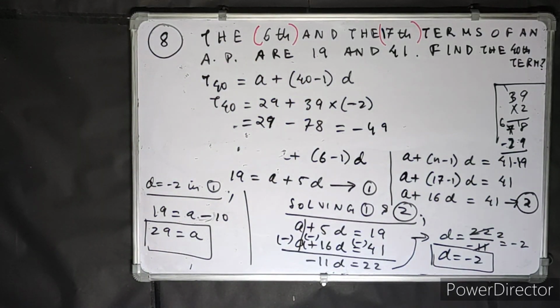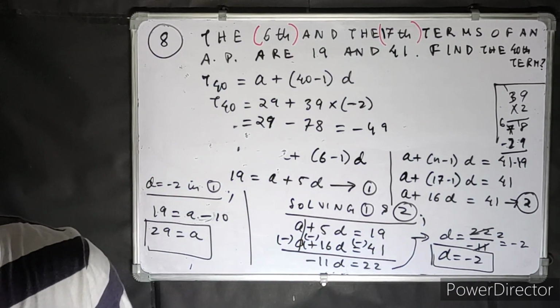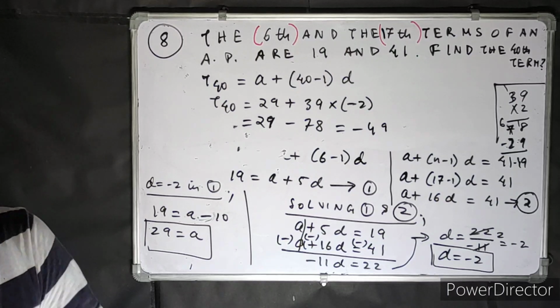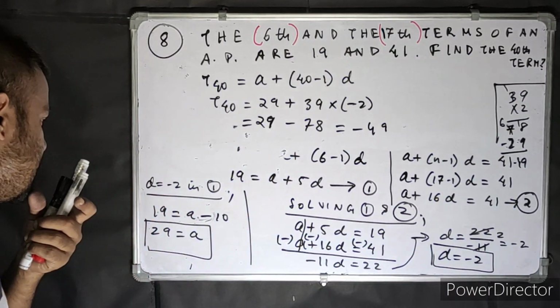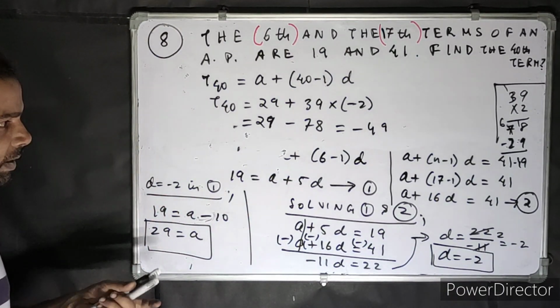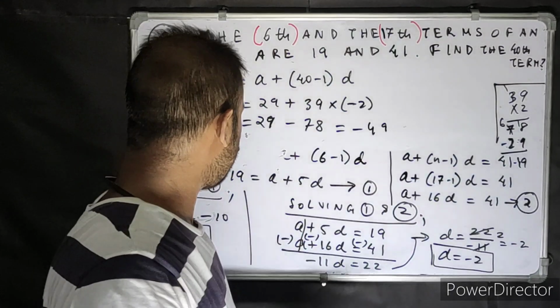Okay. But it shouldn't be that. So let me check if we have made some mistake around here. First of all, let's go ahead and check the answer. Because it's increasing, the two equations are good and fine.